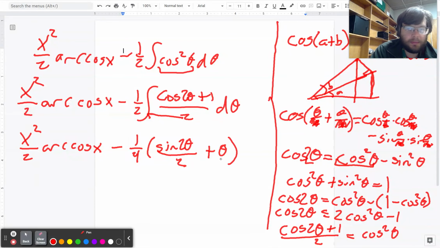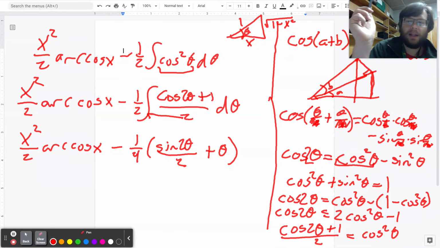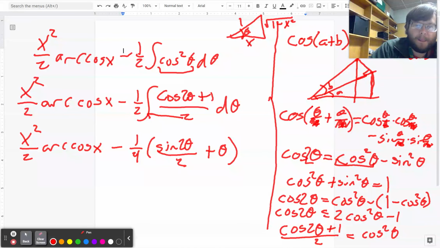So now I need to remember what our theta was represented as. So this was our right triangle from before. Theta, x, 1, square root of 1 minus x squared, like that. And so we can write our final answer back in terms of x.